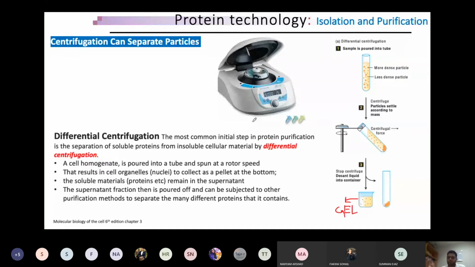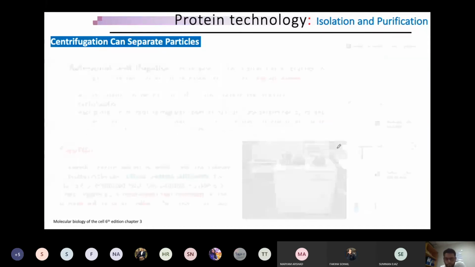Of course, this RPM means nothing when you talk about proteins. This is a very trivial thing. So that means you cannot use the normal tabletop machines for protein centrifugation. Of course, differential centrifugation could be done with this, because if the proteins are present in the cytoplasm, they will be in this fraction, and you can separate them out.